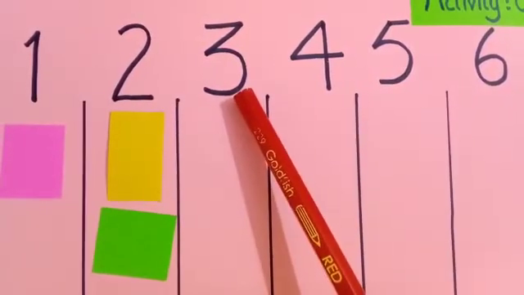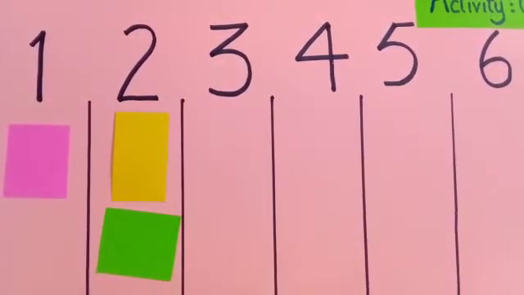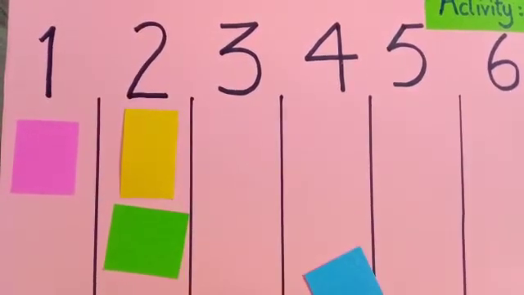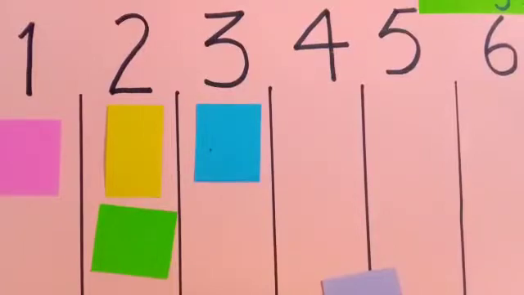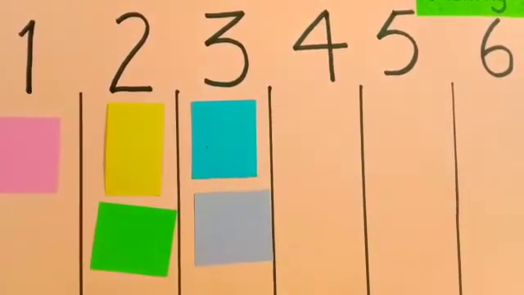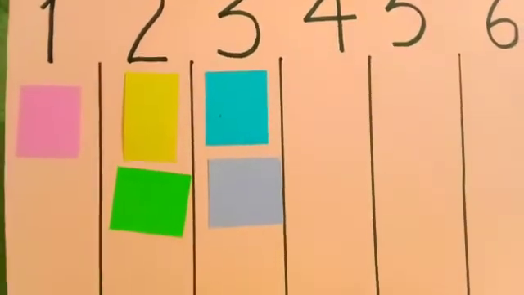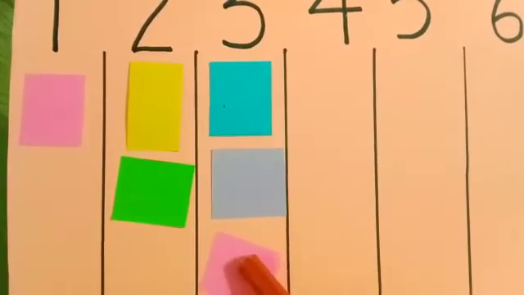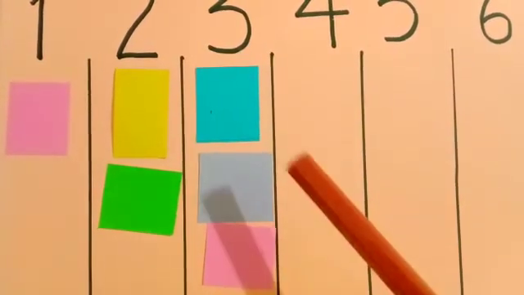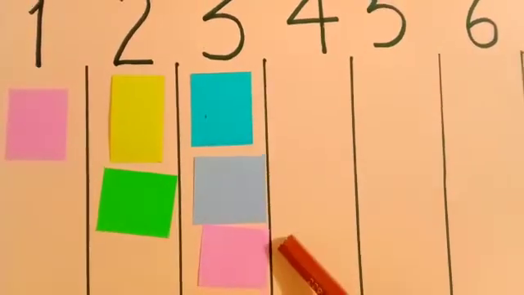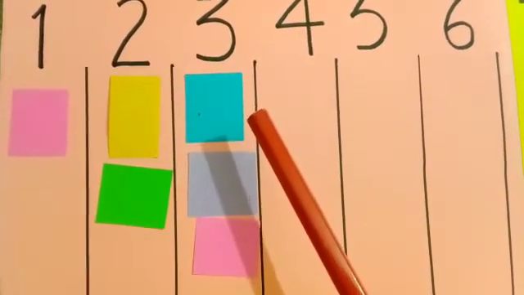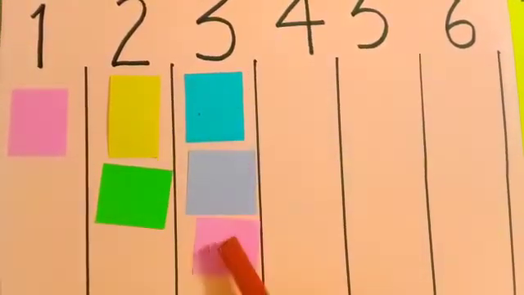Now our next number is 3. 1, 2, 3. So I added 3 cuttings here. 1, 2, 3.